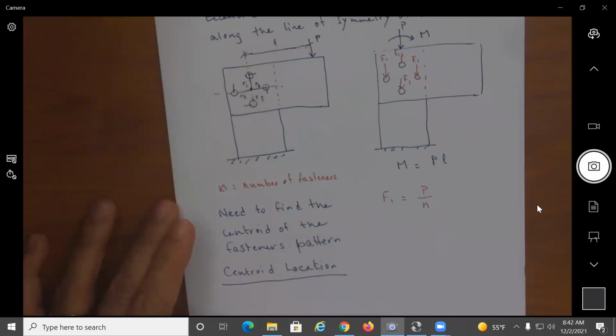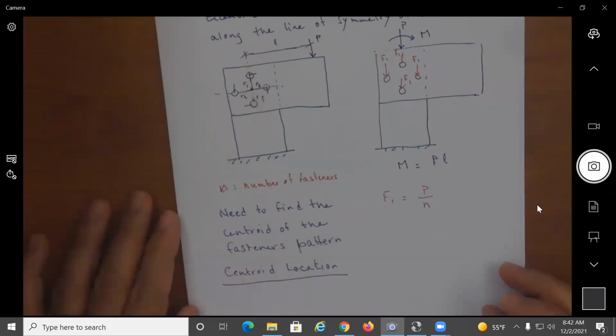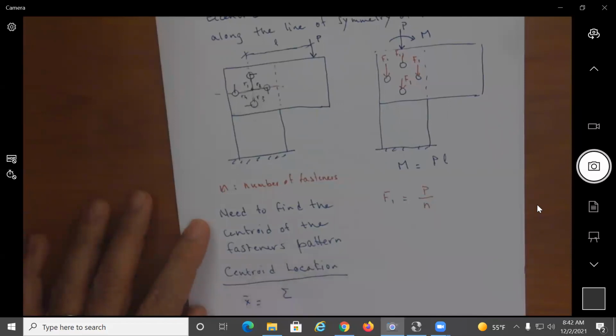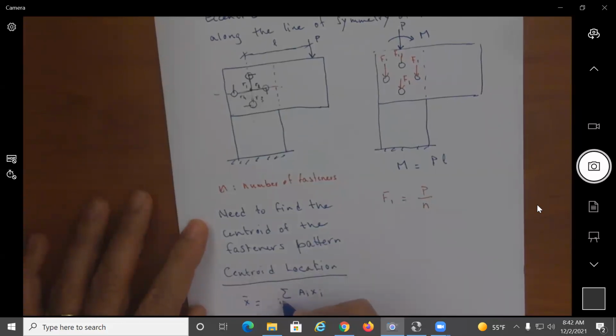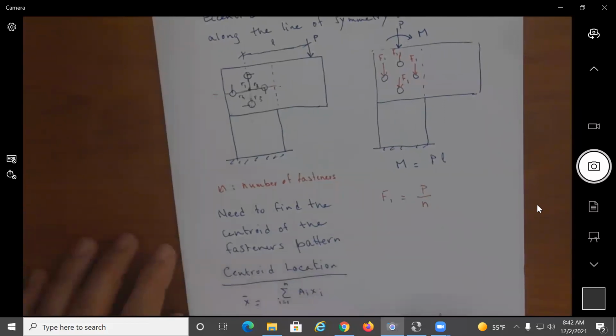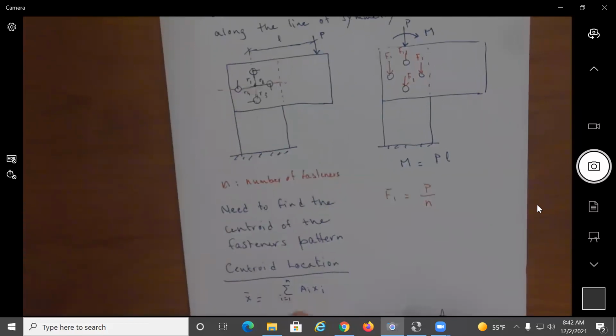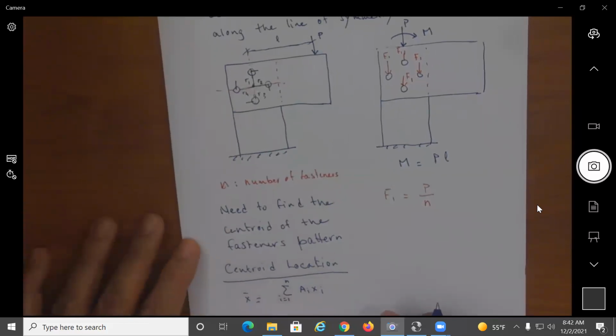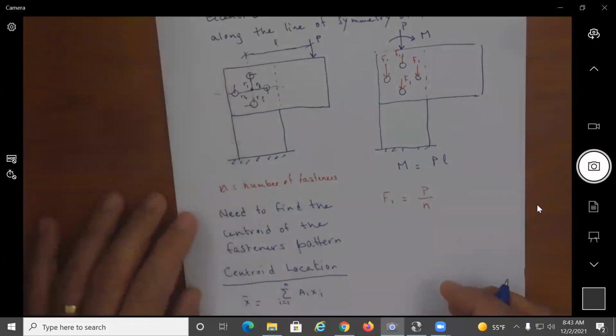where we can use any convenient coordinates, and then I can say X bar is equal to the sum of A_i times x_i from i equals 1 to N. So we're really taking the moments of the areas of the fasteners, each one of them. I could have N number of fasteners; in this case, we have 4.